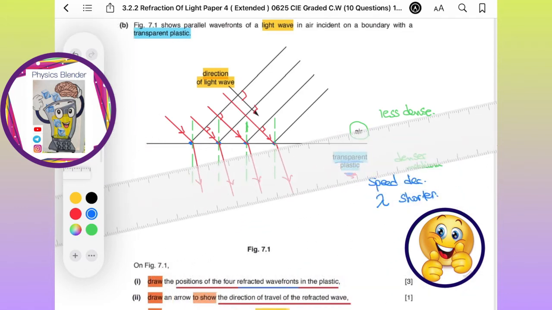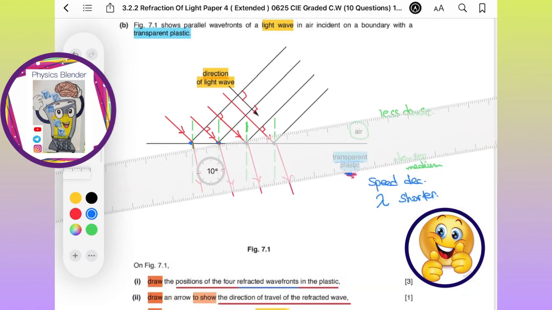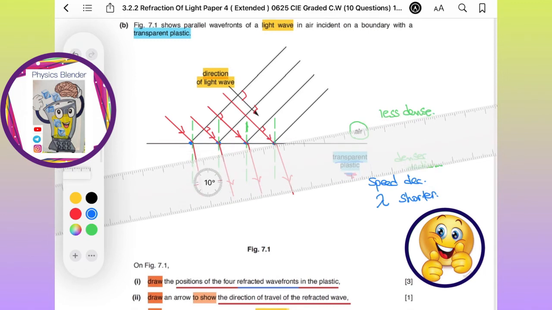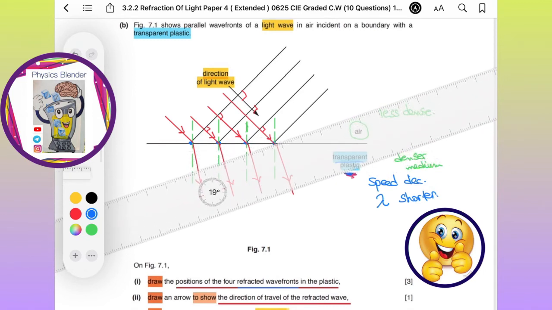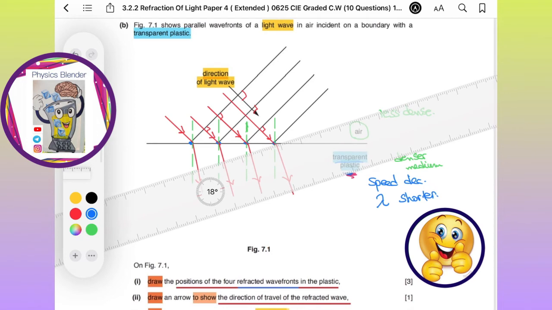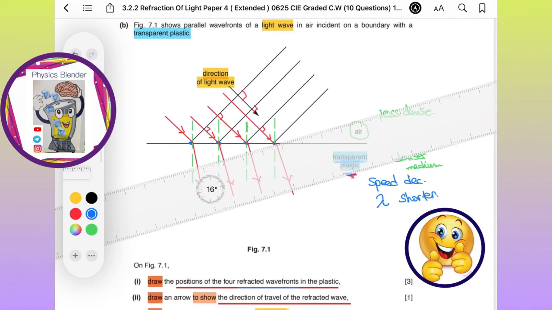So I should draw now wavefronts at these points. They should be parallel to each other, equally spaced, and they should be perpendicular to the new direction of light waves. So you can draw it like this.